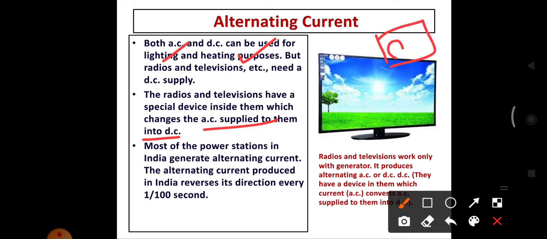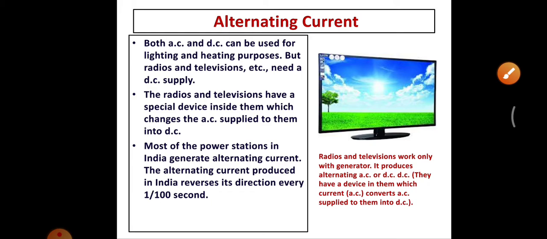In our home we receive the alternative current, and if you take the radio or television, they have some special device. This device converts the alternative current into direct current, because these electrical appliances only run using the direct current.